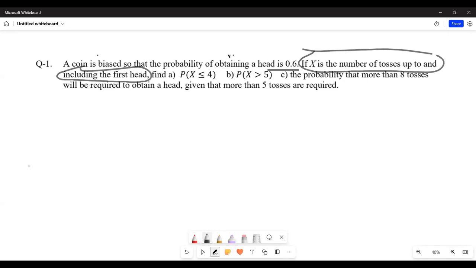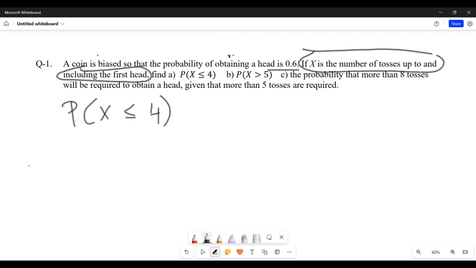Let's read that again. If X is the number of tosses up to and including the first head, so you have to throw the coin many times till you get a head. So this is clearly geometric distribution. Find probability X is less than or equal to 4.